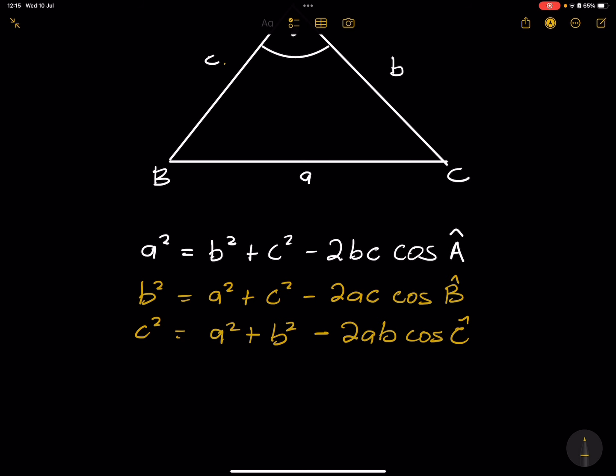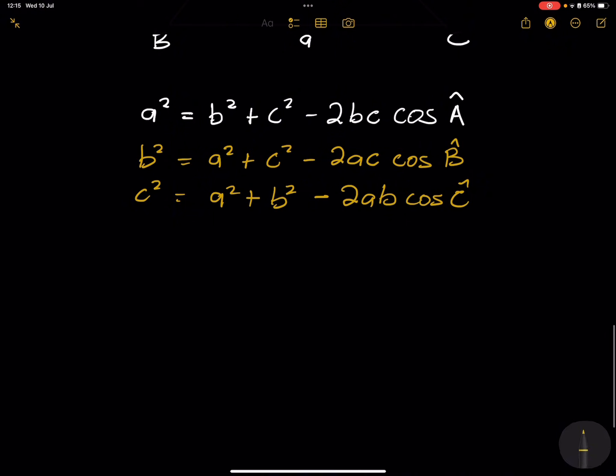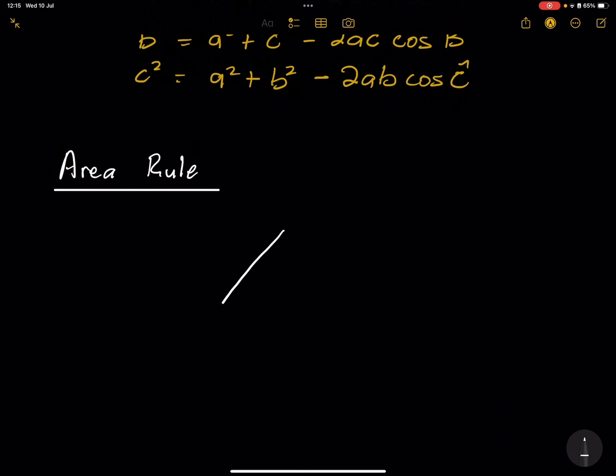Now, I want us to quickly look at the area rule, which is the other rule that we use. Given that we are looking at two-dimensional diagrams, we look at the area rule. Given triangle ABC, which is not a 90-degree triangle, you do not have the perpendicular height of that triangle.